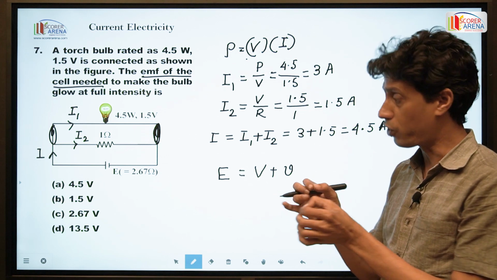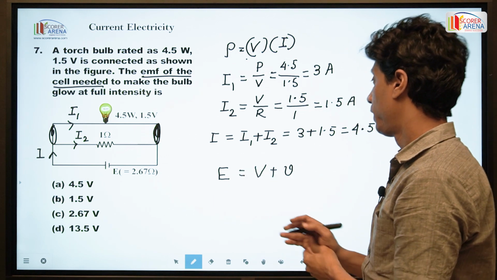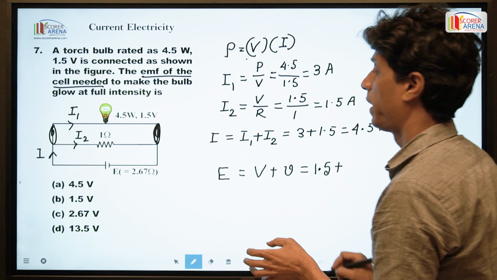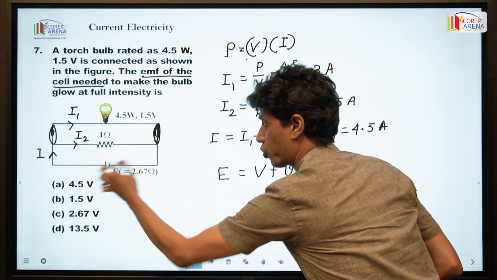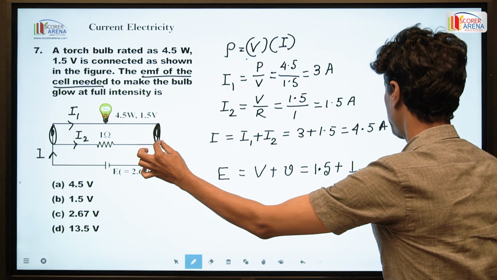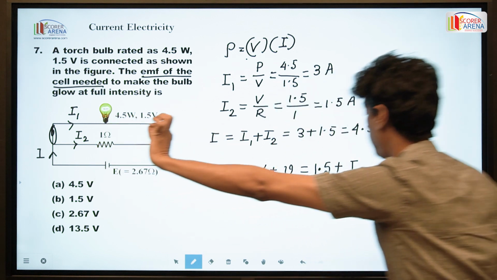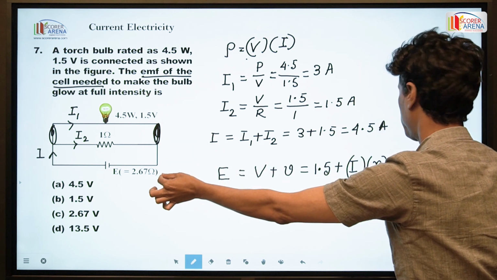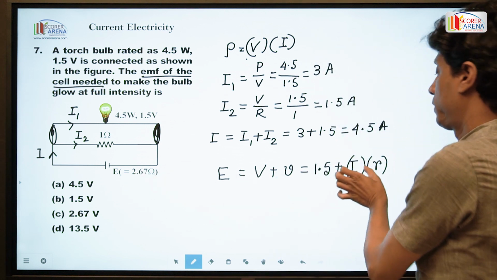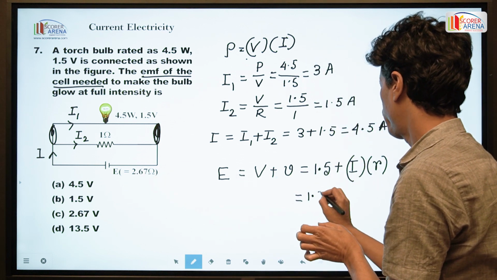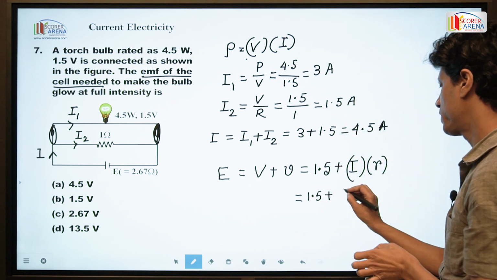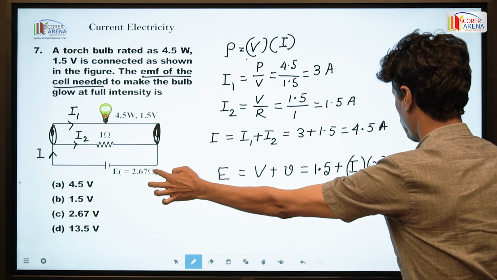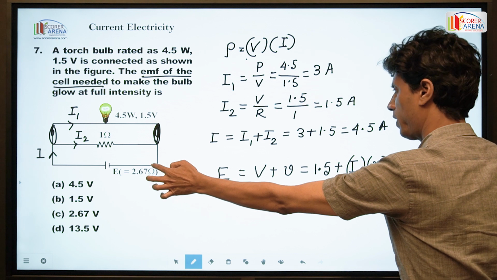Lost volt is the potential drop inside the cell. The potential difference across the cell is 1.5. And for the internal drop, the circuit current I passes through the cell, and the internal resistance is small r. So 1.5 plus the total circuit current 4.5 times the internal resistance, 2.67 ohm.